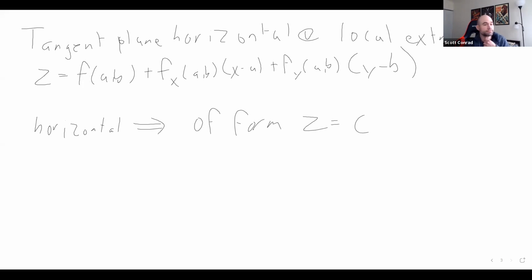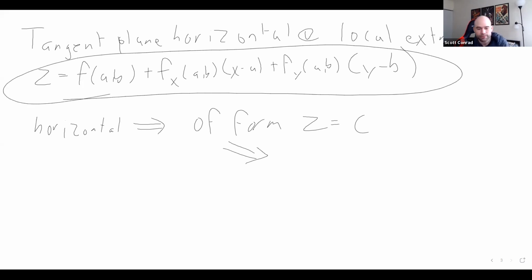So if our tangent plane is of the form z equals a constant, that means if we look at the equation of our tangent plane, the partial of f with respect to x has to be 0 and the partial of f with respect to y has to be 0.